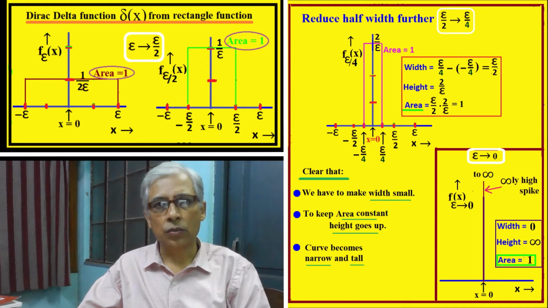In other words, we now have an infinitely high spike represented by the vertical line starting from x equal to 0 and making its way to infinity. And this is the Dirac Delta function. We get the Dirac Delta function from the rectangle function in the limit of 0 half-width.